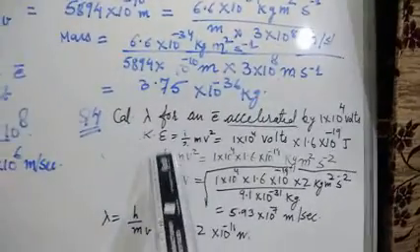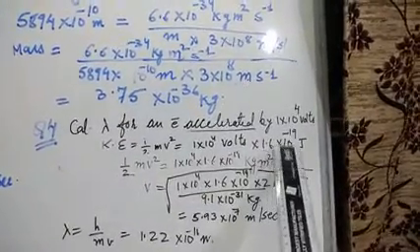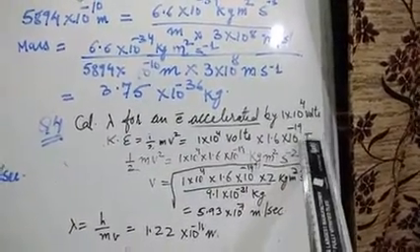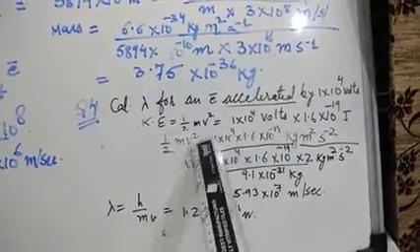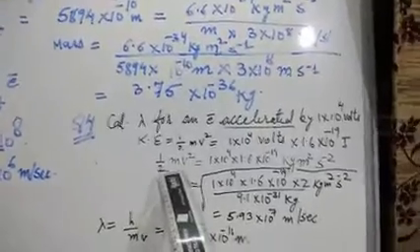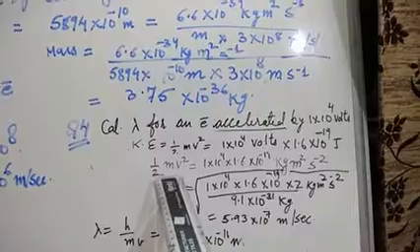Now, half mv square is equal to 1 into 10 to the power 4 into 1.6 into 10 to the power minus 19. And by this relation, you can calculate the value of v. Velocity you will calculate so that you can keep the values in de Broglie's equation.